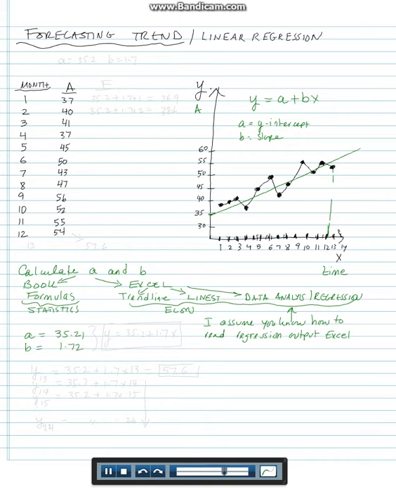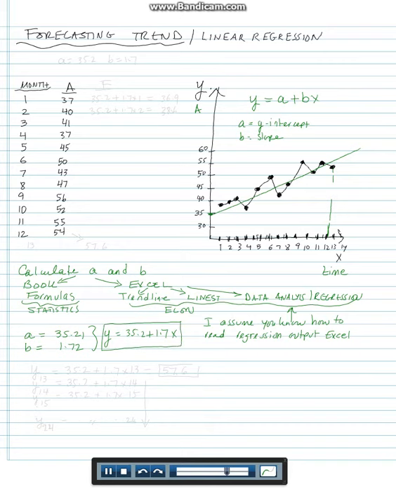And as you can see, even with my graphing, which is not very accurate, it almost hits at 35, and the slope is 1.72. So my equation for the line then is y equals 35.2, but let's just go with 1 decimal, plus 1.7x. That's the equation of the trend line.